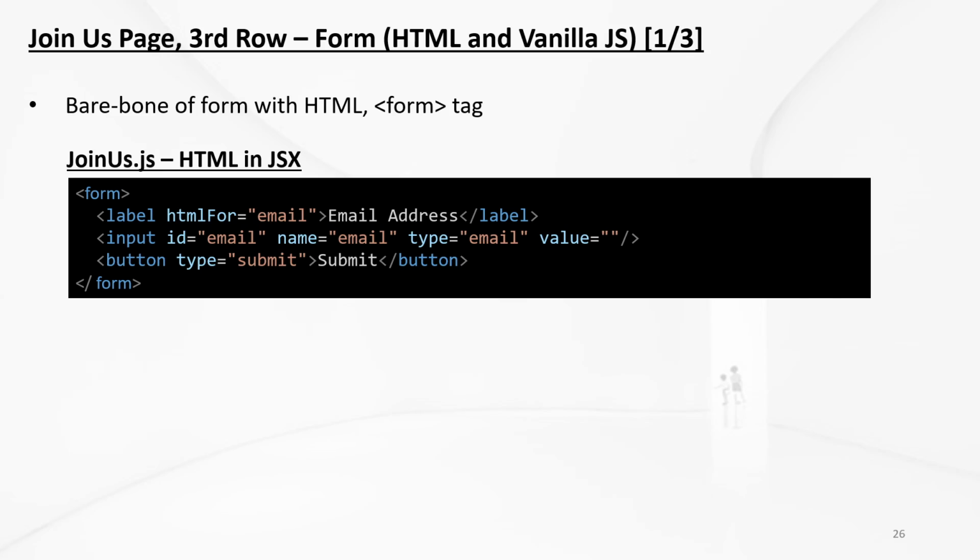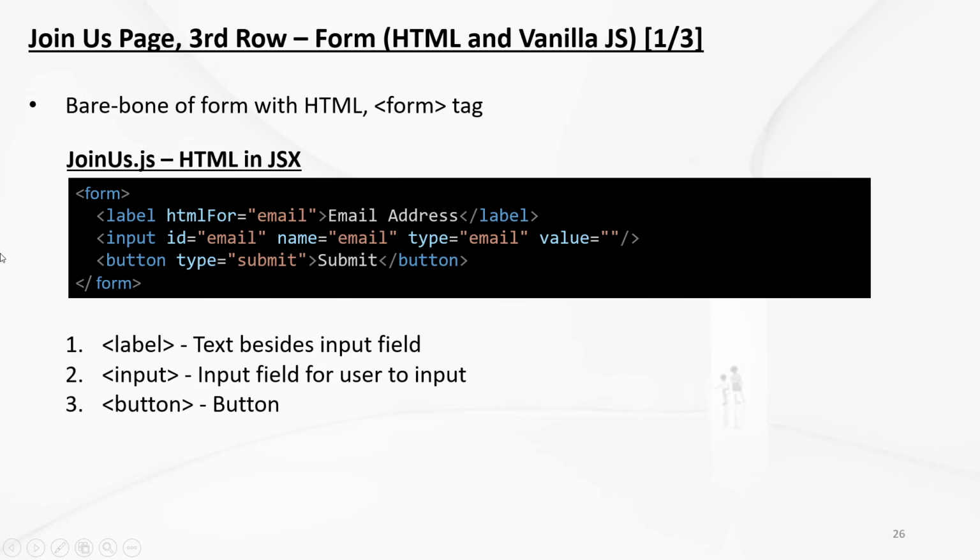To do so, the backbone is the form tag, and you can see within the form tag there are label, input, and button tags. The label appears beside the input field in the online form itself, the input is the field for the user to key in, and the button is, like its name suggests, the button for the user to press. In this case, this button is for submission purposes.